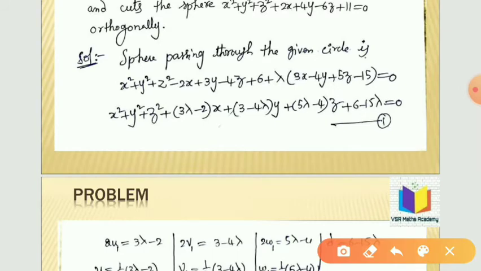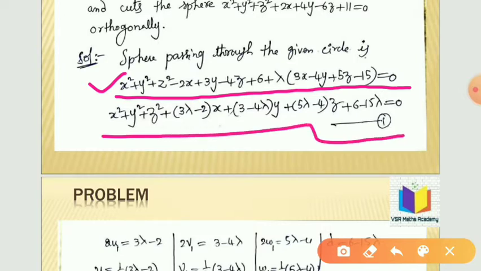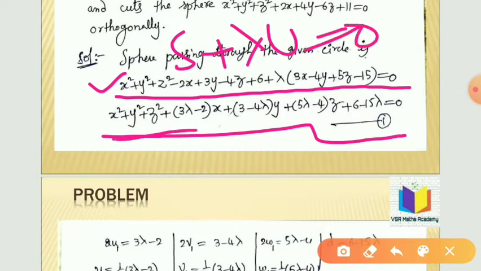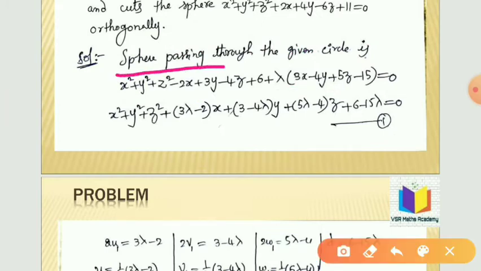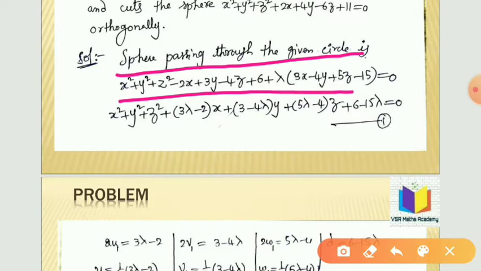So see this. This is the equation of the given circle. This can be written on simplification like this. This is S plus lambda u is equal to 0. So on simplification we can write like this. Equation of sphere passing through the given circle can be given by this equation using the principle S plus lambda u is equal to 0.